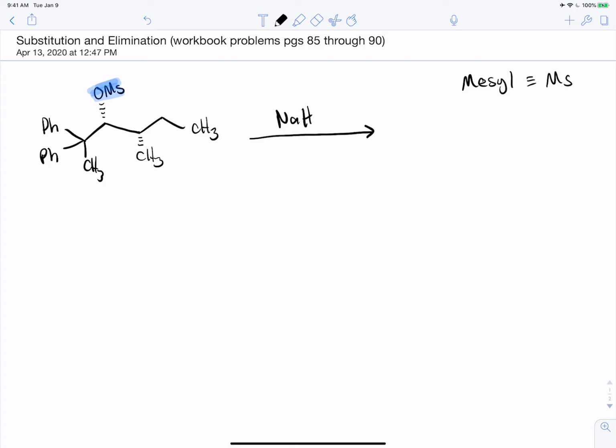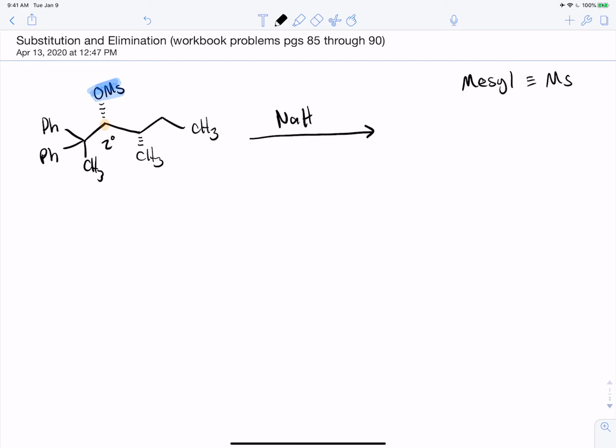And then we have to look at the other parts. What is the substrate itself? You look at the carbon that the leaving group is attached to, and we say whether that's secondary, tertiary, etc. This is secondary. When you're counting secondary, tertiary, etc., you're not counting the leaving group as part of that.